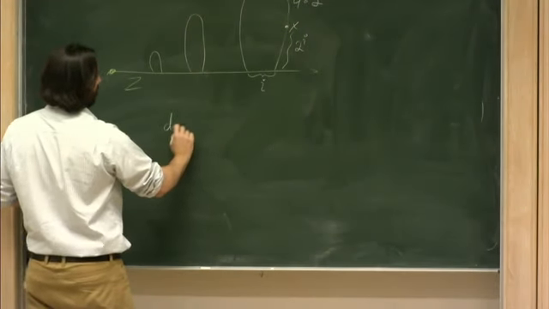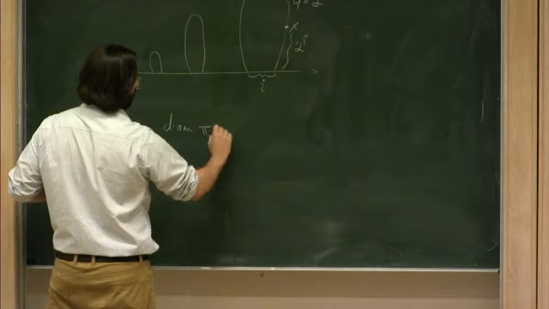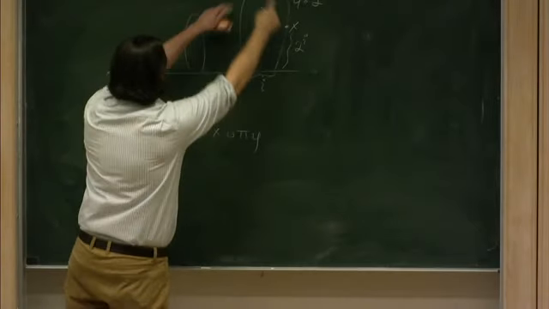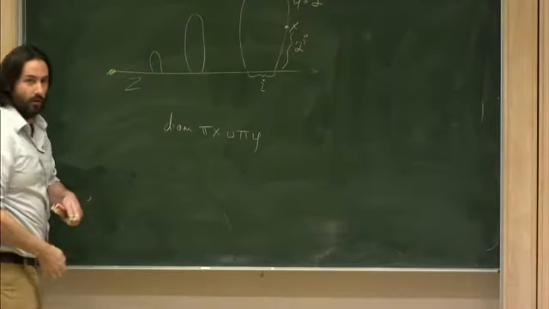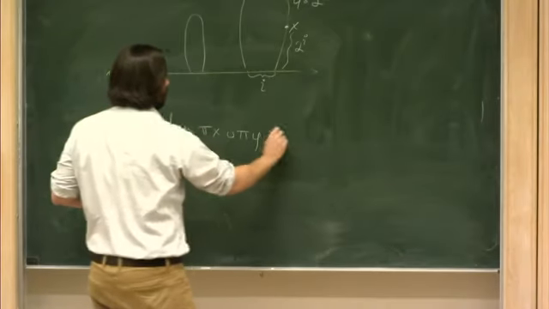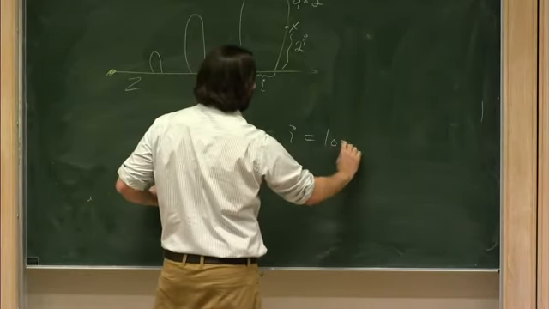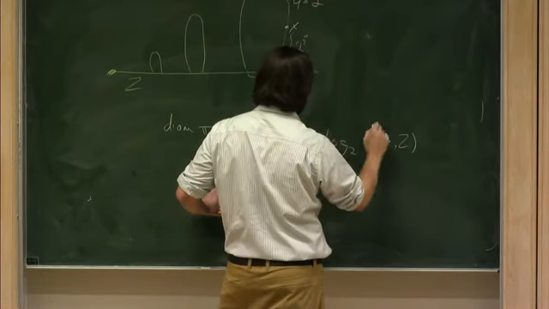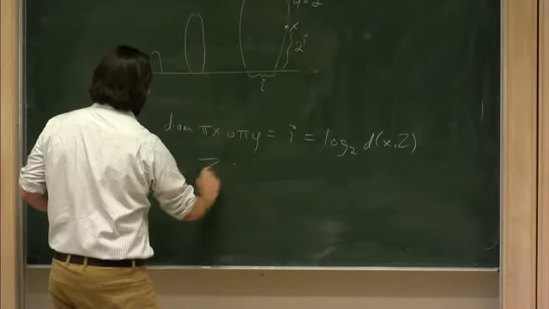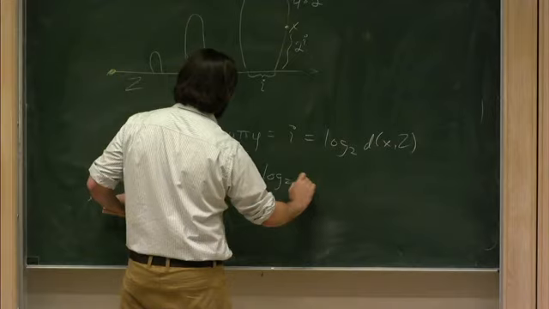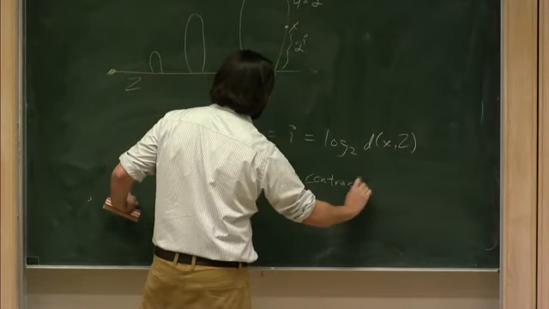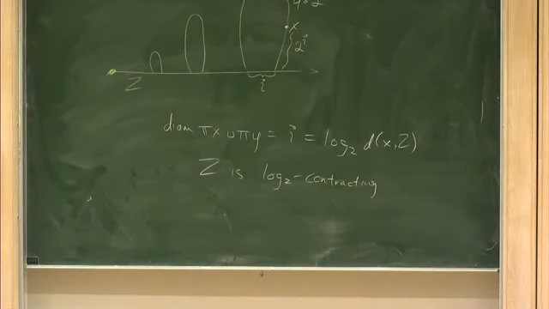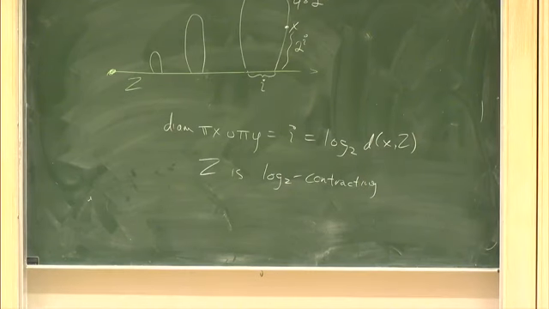The diameter of the projection of X and the projection of Y, well, Y projects down on both sides, so the diameter is this entire length i. And i is log 2 of the distance from X to Z. So in fact, this Z is log-contracting.